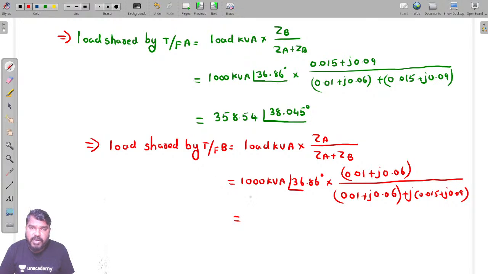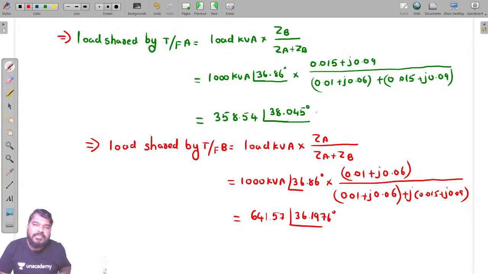Now simplify this value. What is the answer for this case? You will get the magnitude as well as the angle: 641.57 at an angle of 36.1976 degrees.